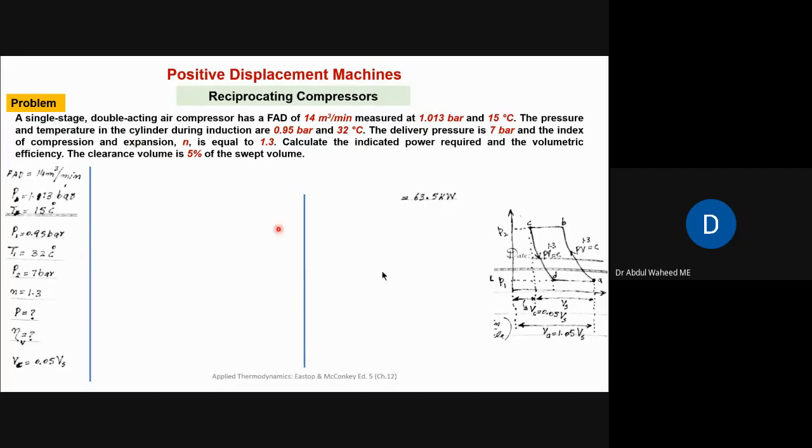The clearance volume, VC, is 5% of swept volume, meaning 0.05 of VS. That is also given of the swept volume.